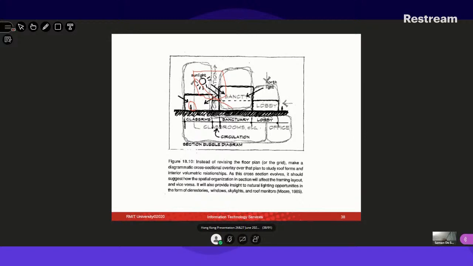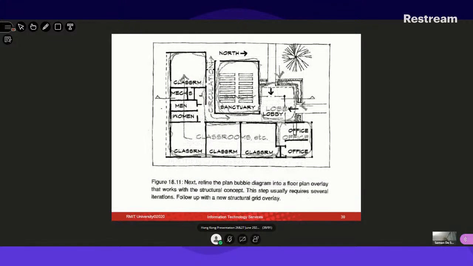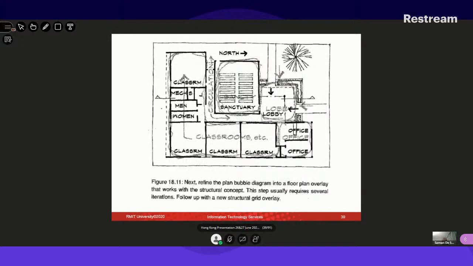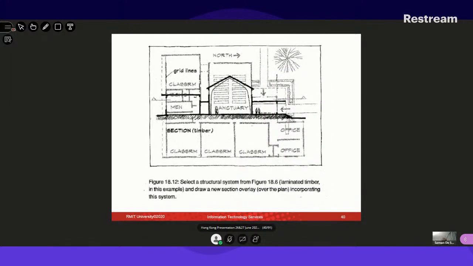You don't have to scale it again, and then you can draw nice elevations, as we call them. So these diagrams give you an understanding. Now the bubbles are starting to appear like rectangles and straight lines, and it is getting into shape, and then you will start to see more specific diagrams from an architect.